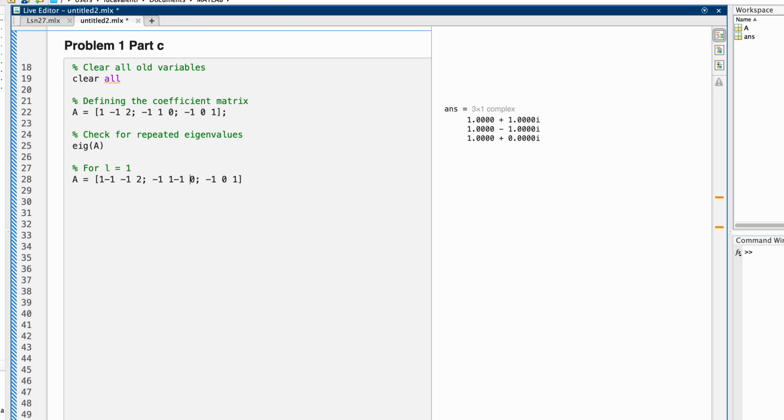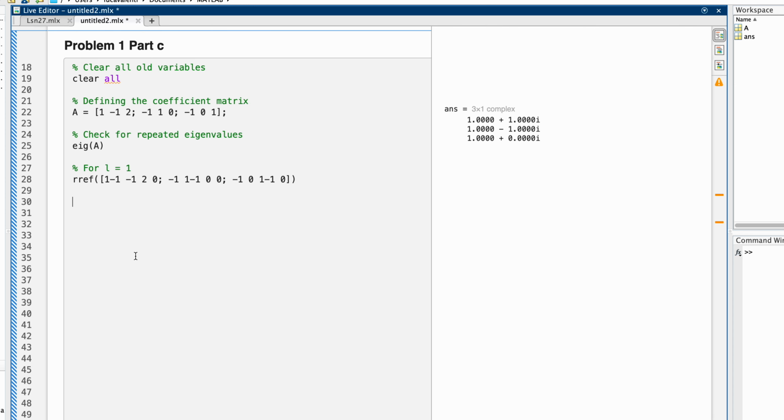So second row is the second column, third row is the third column. And then I'm going to augment this with zeros, and I'm going to RREF it. So I'm going to reduced row echelon form this to find my value.